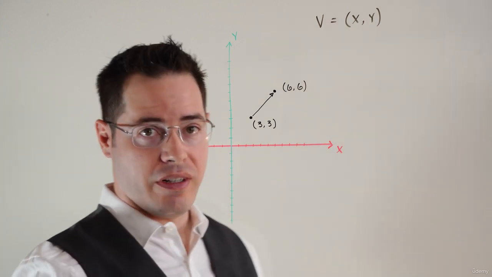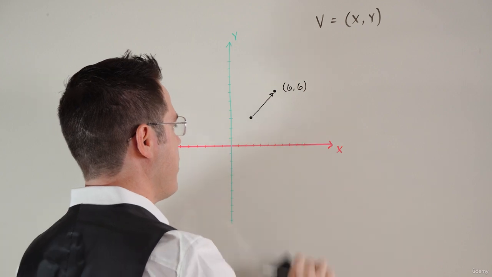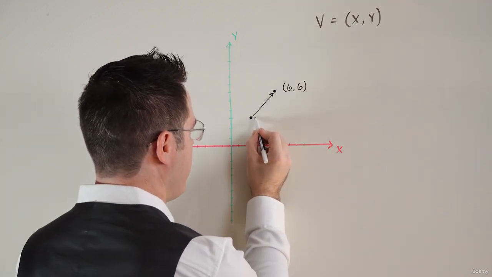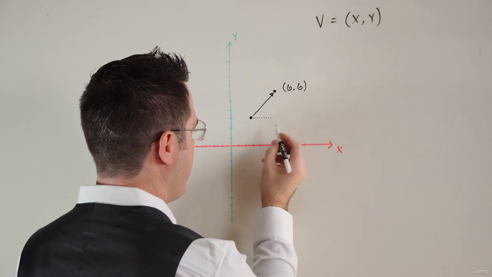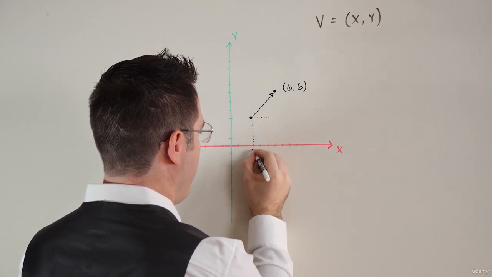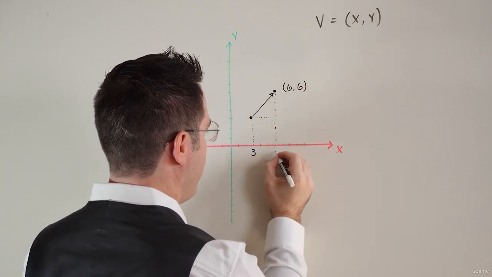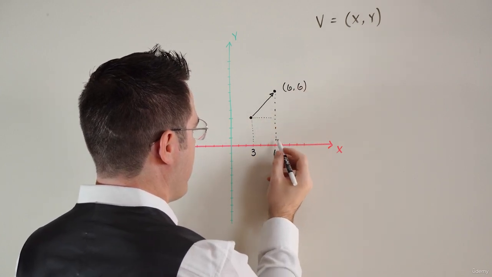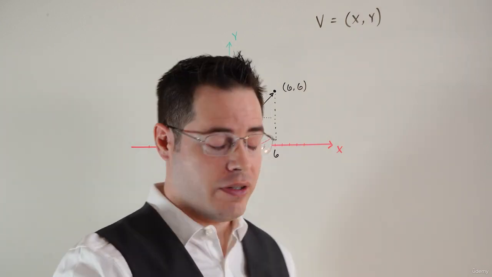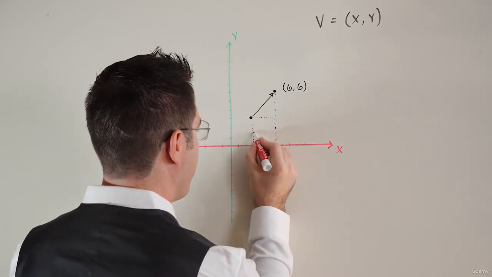The x component of our vector is the distance we have to travel in the x direction to get from the tail to the head. Now we know the tail's x coordinate is 3, and we know the head's x coordinate is 6. So to calculate the x component of the vector, we simply need to calculate this distance here.